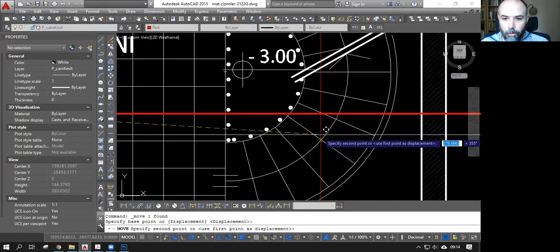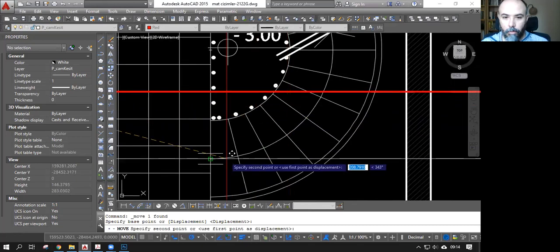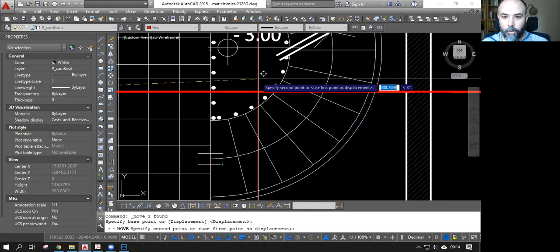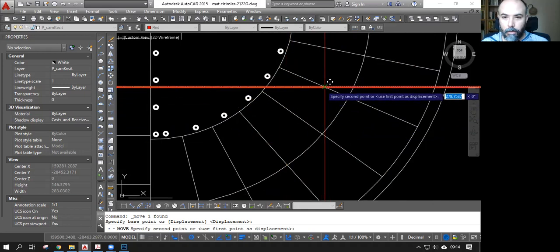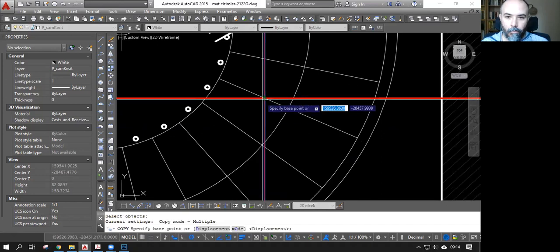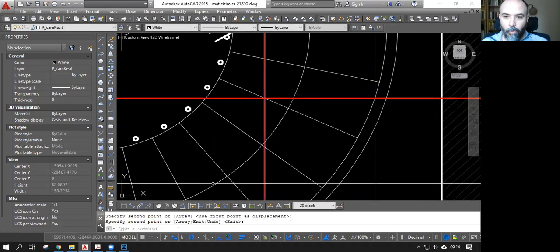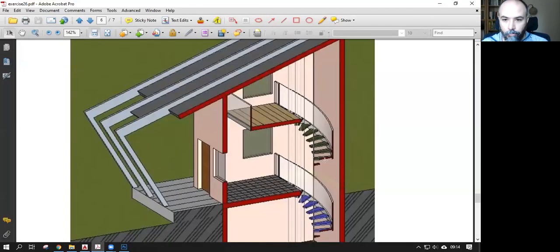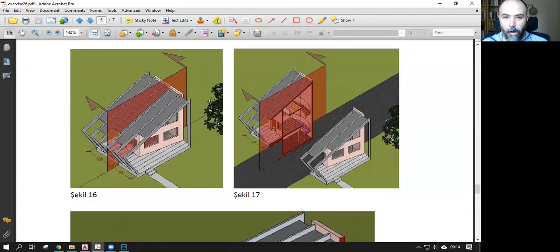stairs. As you can see here, this step, which is 1, 2, 3, 4, 5, sixth riser is being cut, and I can find its position here. It's this one.